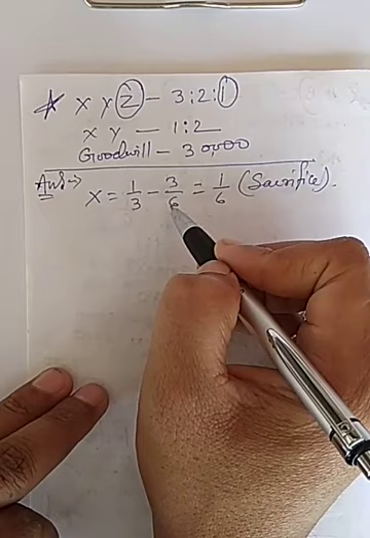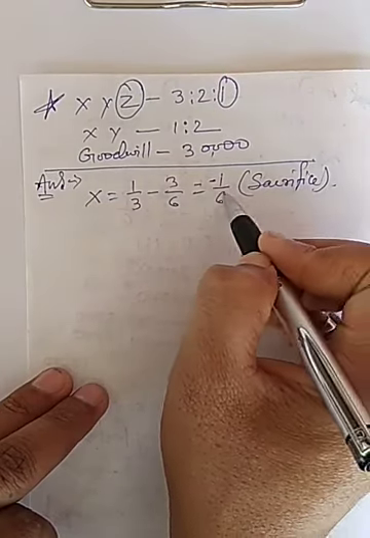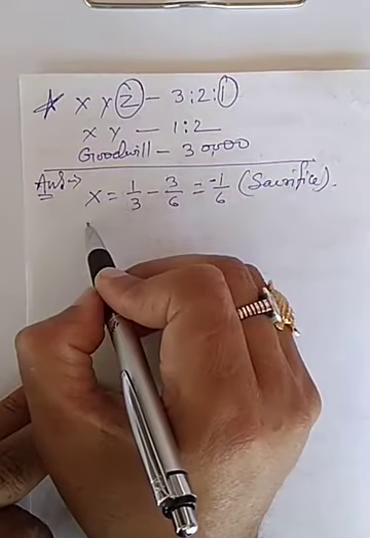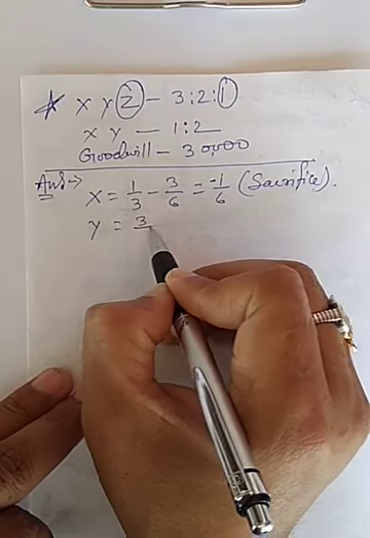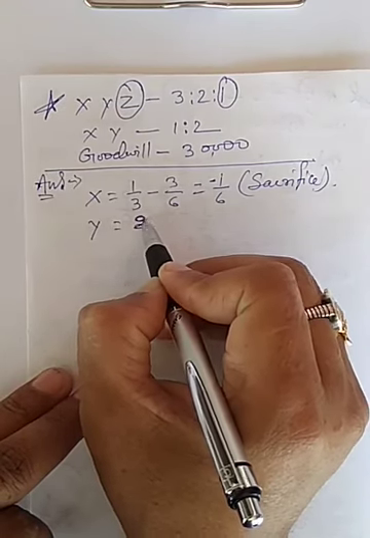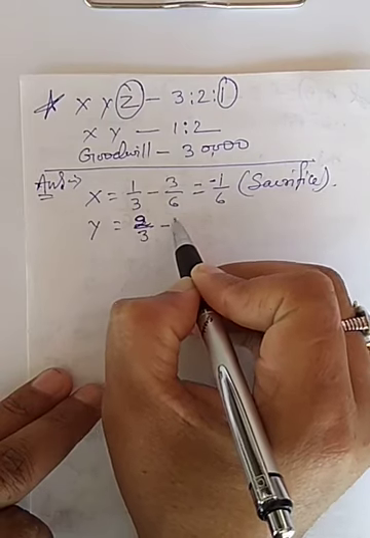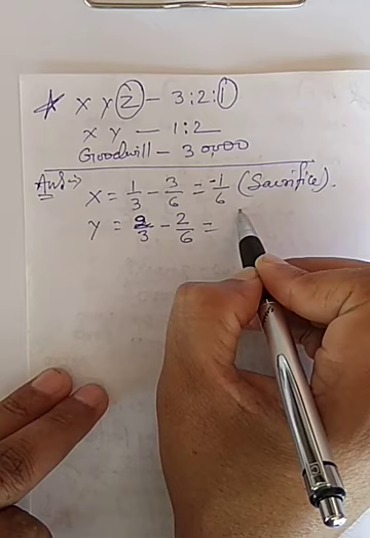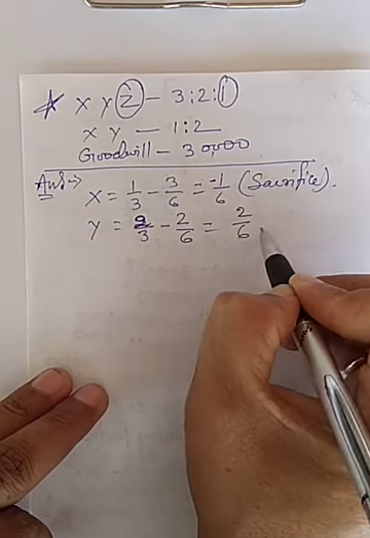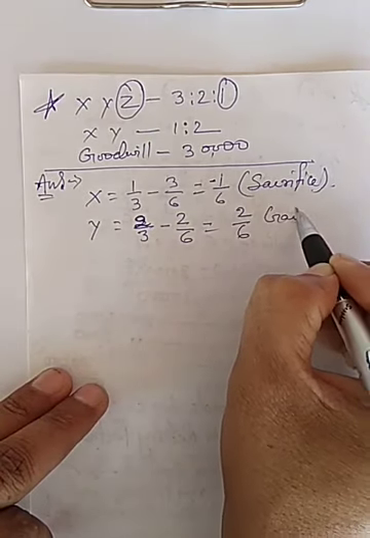The answer will come in minus, so it will be sacrifice. And Y equals 2 by 3 minus 2 by 6, it will be 2 by 6 gain.